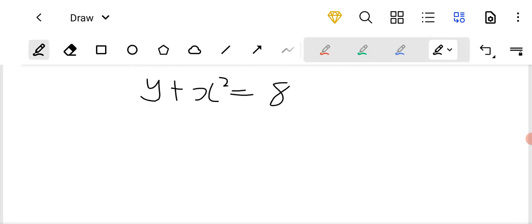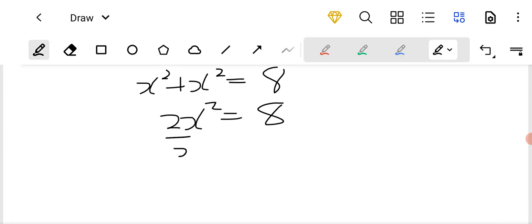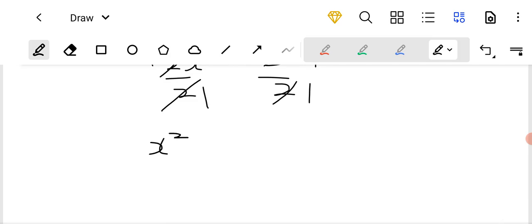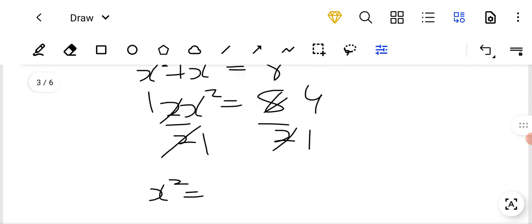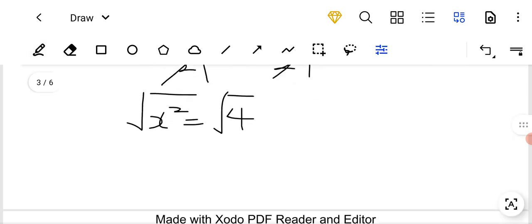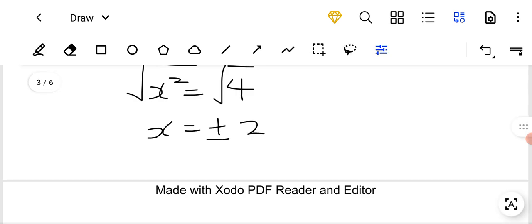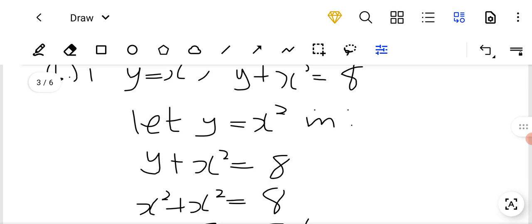So if y is x squared, it will be x squared plus x squared equals 8. Then 2x squared equals 8. Divide both sides by 2, so you have x squared is equal to 4. Apply the square root to both sides of the equation. You have x is equal to plus or minus 2 as your answers.